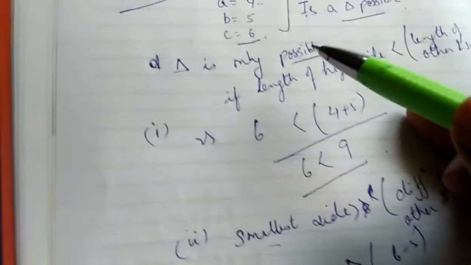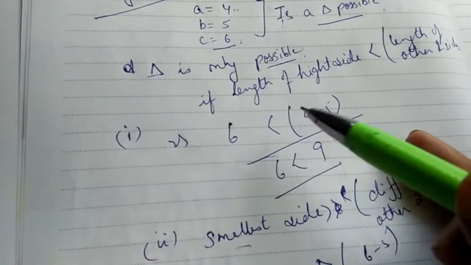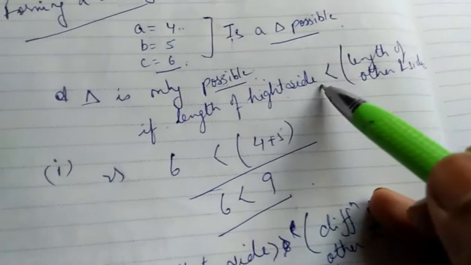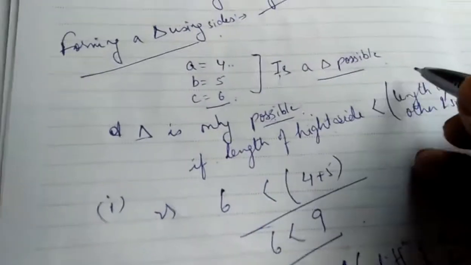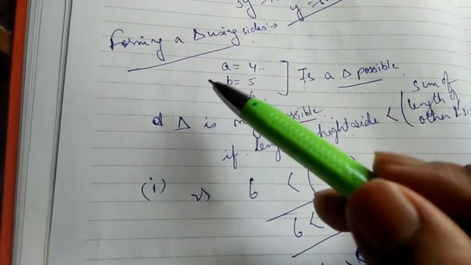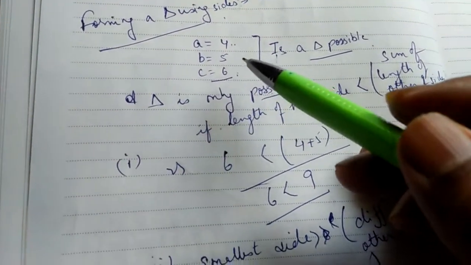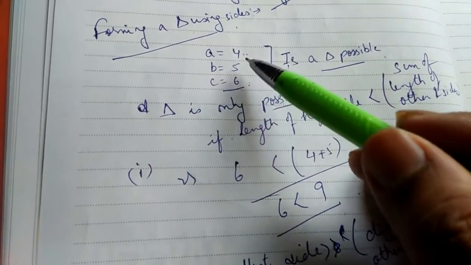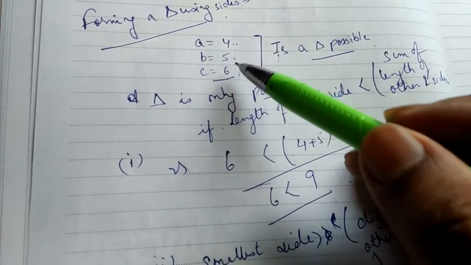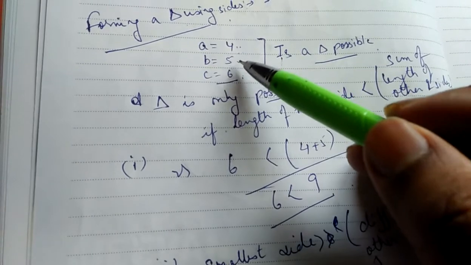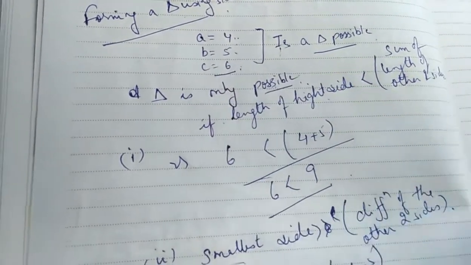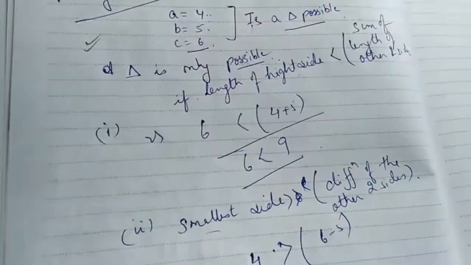A triangle is possible if the length of the highest side is less than the sum of the other two sides. So the highest possible length of C can be 5 plus 4, 9. It has to be less than 9. Anything less than 9 will become a triangle. Anything greater than 9, so C cannot be 10 or 11. Okay, so this is a property you should remember.